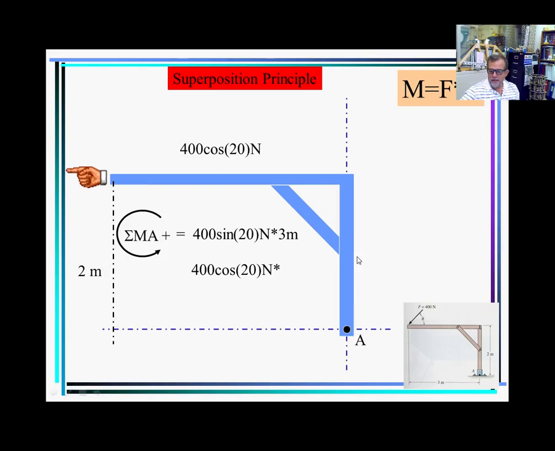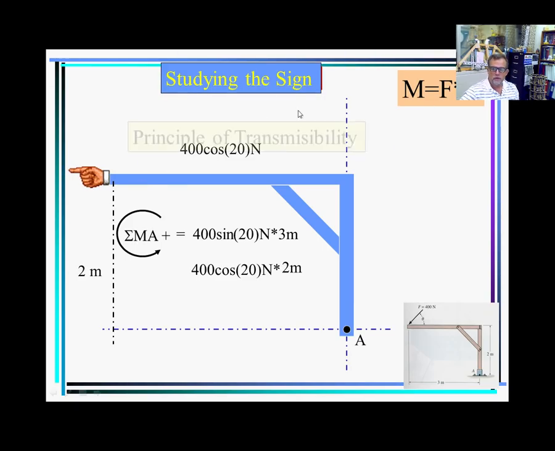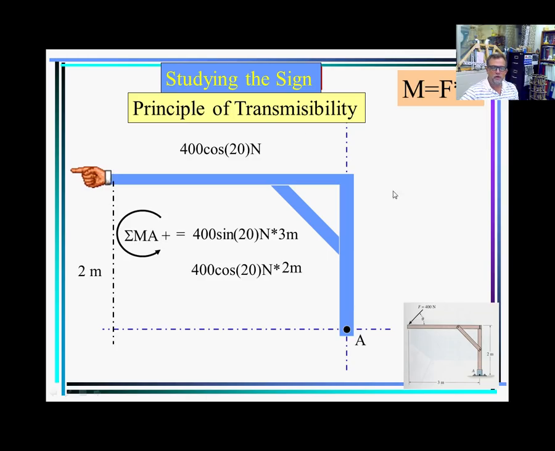And that distance is 2 meters, so I multiply that by 2 meters. Now, clockwise or counterclockwise, if you have that problem, we're going to use another principle when we study design that is called the principle of transmissibility. And this is also a powerful principle, which, by the way, you already know, but you don't know that you know. What is the principle of transmissibility?